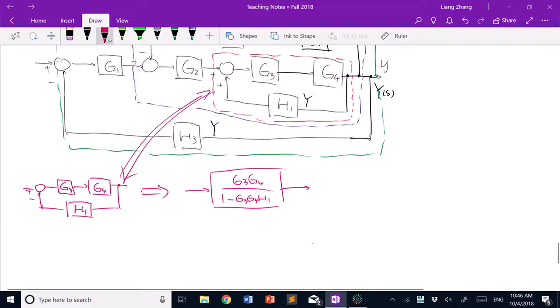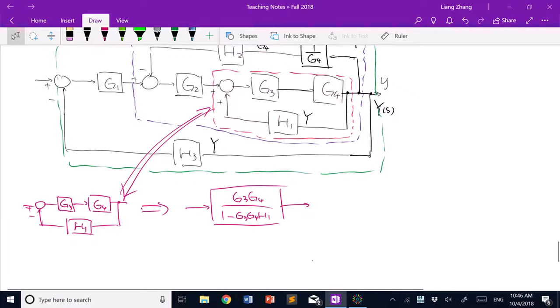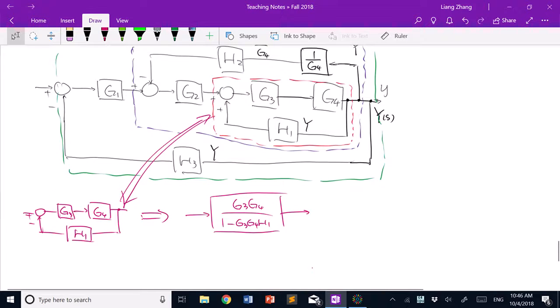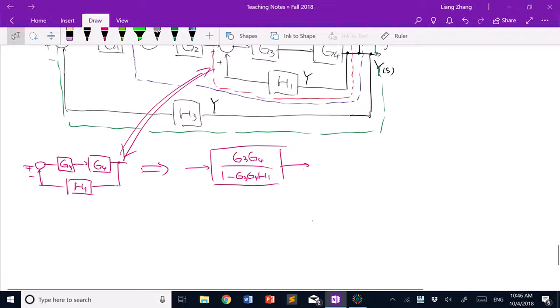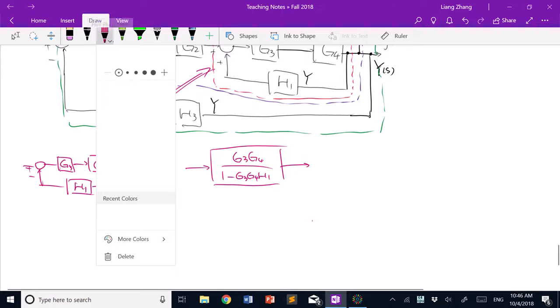And you have one direct path, one loop, so we don't have to worry about multiple direct paths or touching, non-touching loops. And of course, this loop touches your direct path. Okay? Now, this is the inner loop.